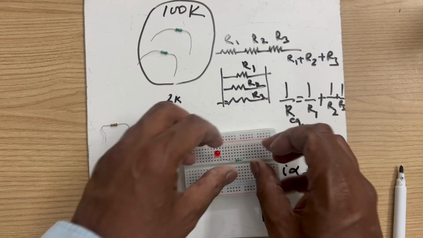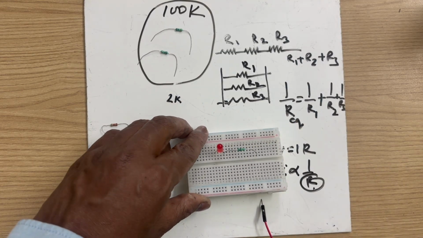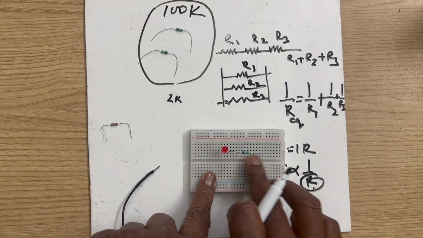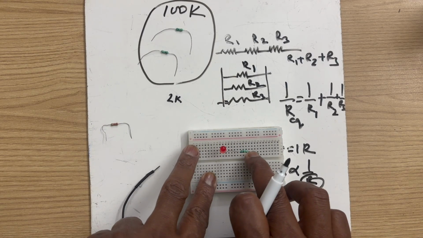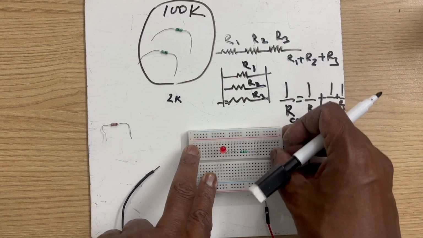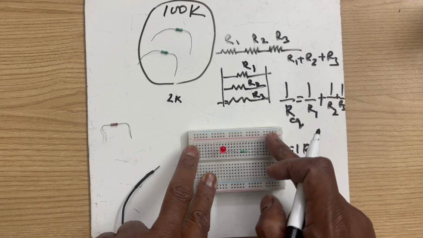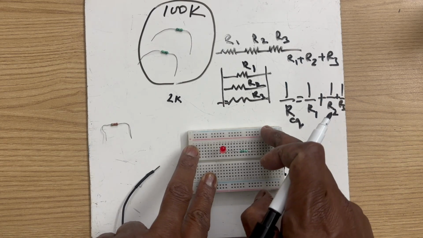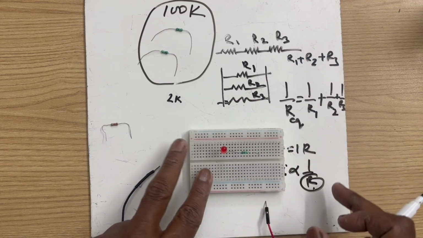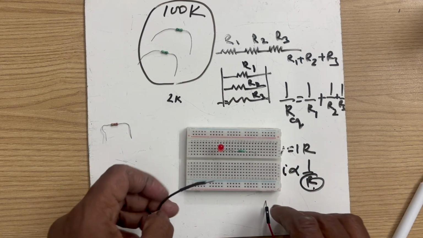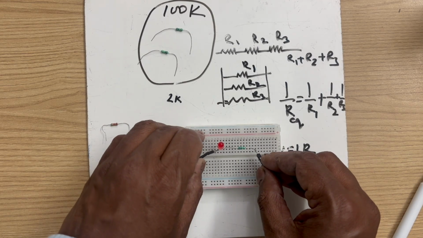As you know, if you have seen my previous lecture, in the breadboard the horizontal lines are not connected. It is connected vertically. This strip is connected vertically, and this way horizontally it's connected. So let's see whether there is any change in the intensity.